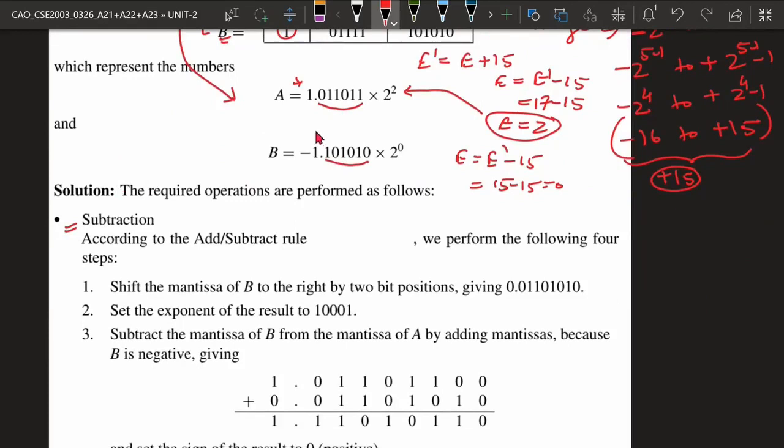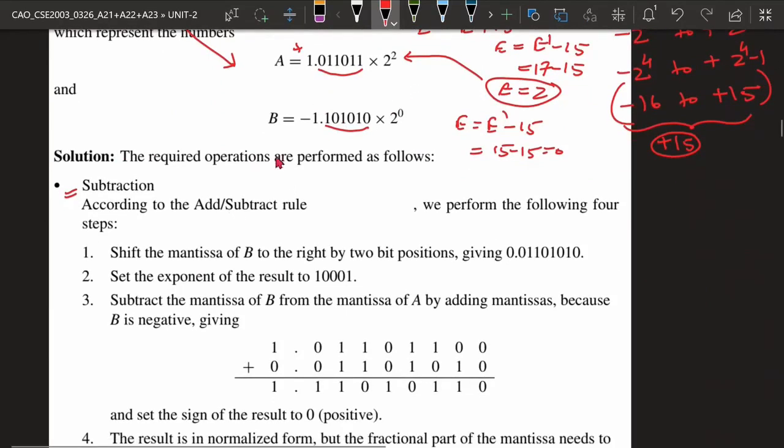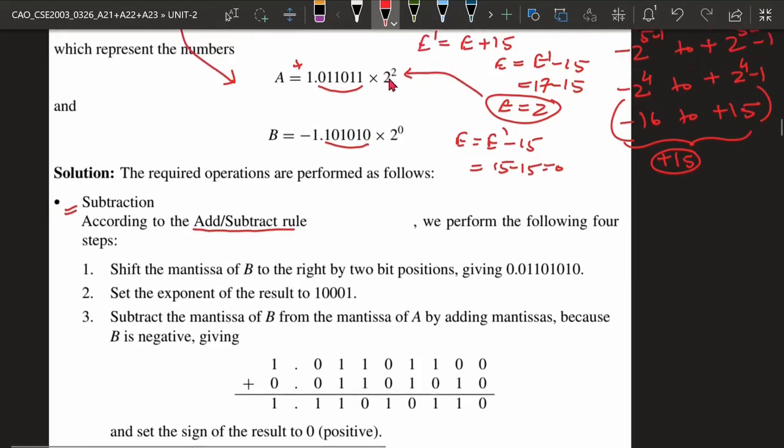Once we go for the subtraction or the addition, the rules are the same. First we need to consider which one has the highest power. Here 2 to the power 2 is there and 2 to the power 0 is there.